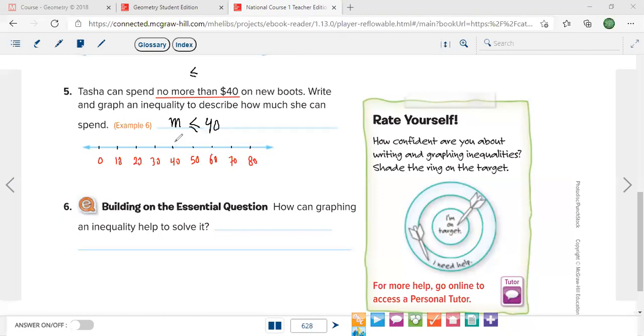So we will take a circle exactly at 40. And this circle is a shaded circle. Why is it shaded? Because we have the or equal sign here. Take it all the way to the left, because smaller than. So all the way to the left till we reach 0.